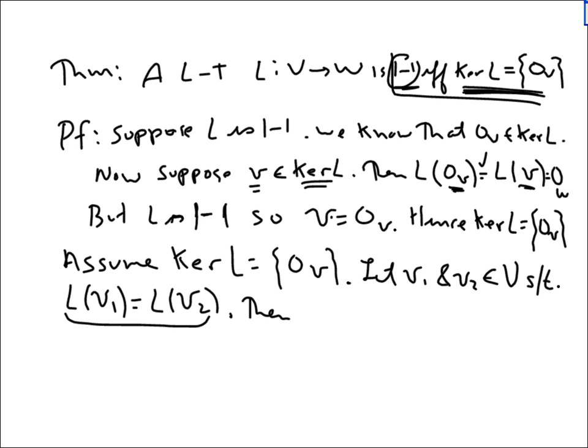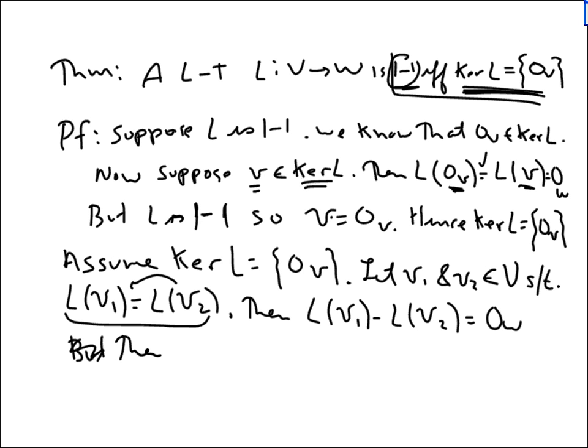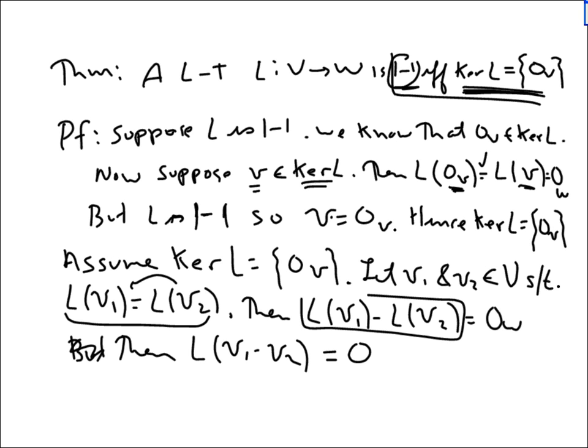Bringing this to the other side, L of V1 minus L of V2 is equal to the 0 vector in W. This is the same as L of V1 minus V2. Oh, and it equals 0.